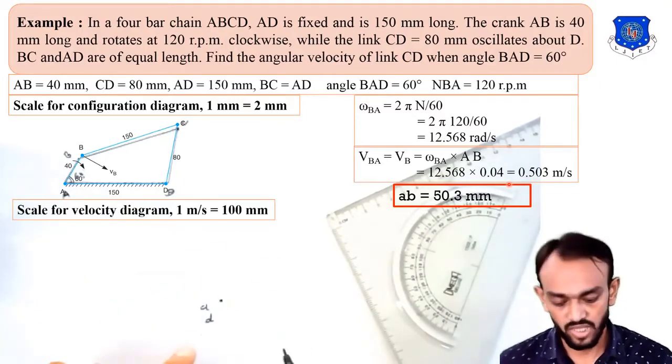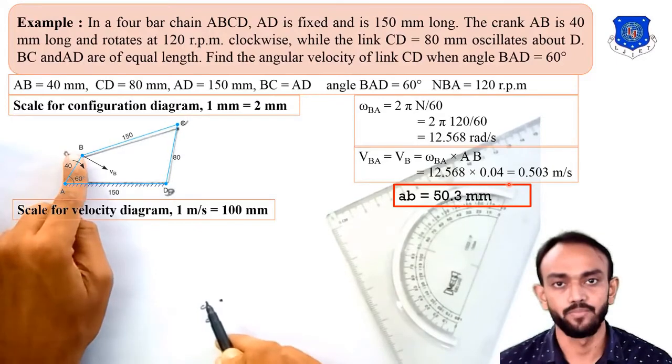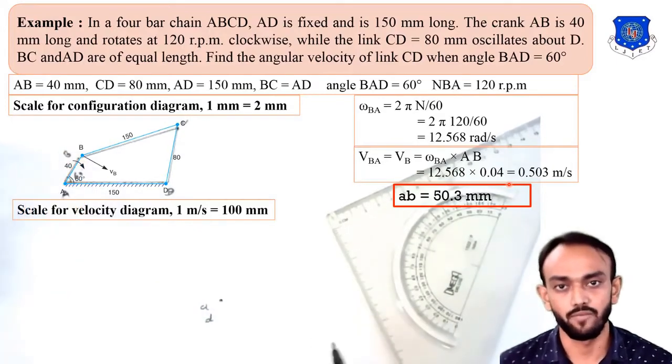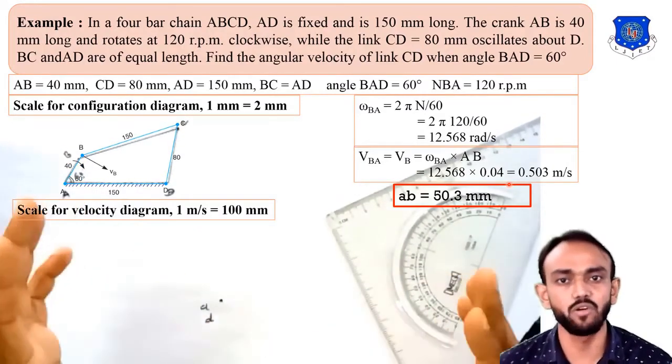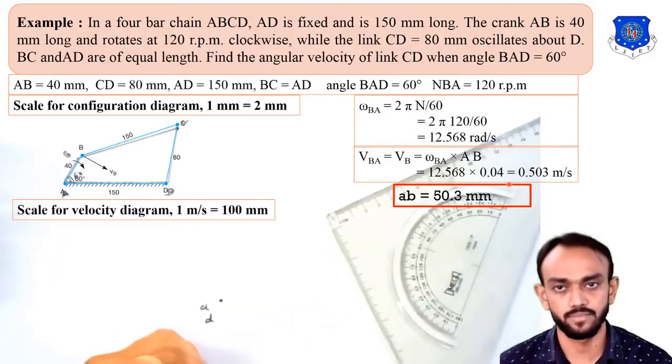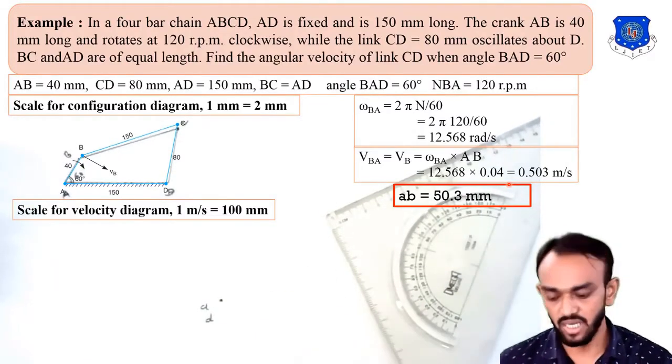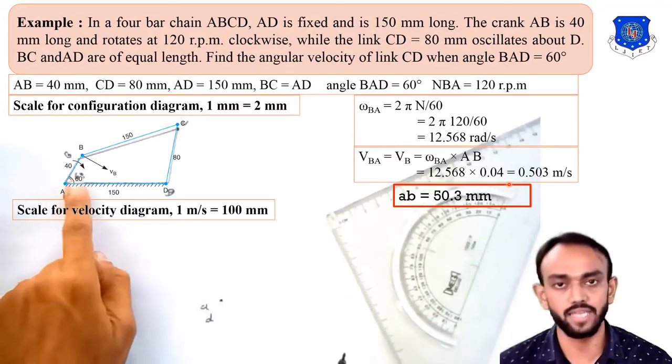Now, the velocity of B with respect to A. Remember that the velocity of any point on a link will be perpendicular to the link. But in which direction depends upon the direction of the link.